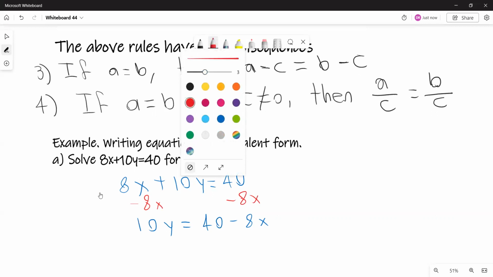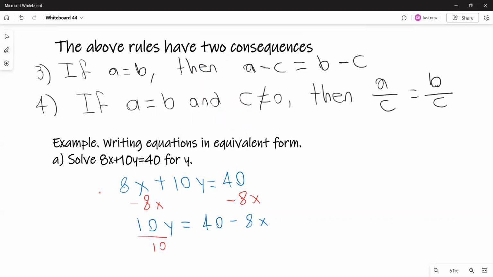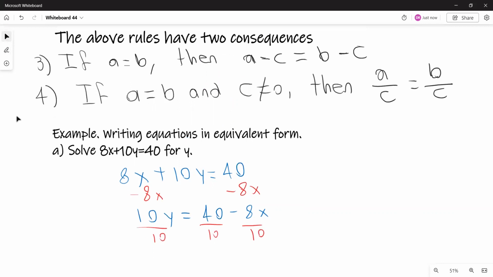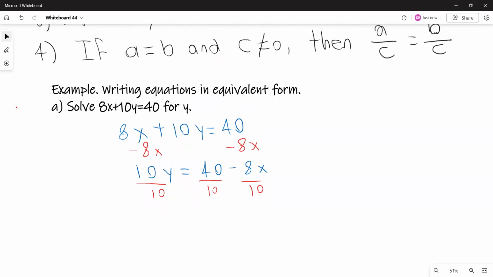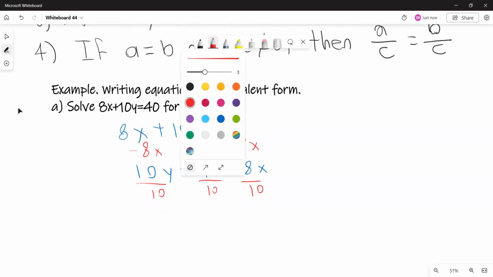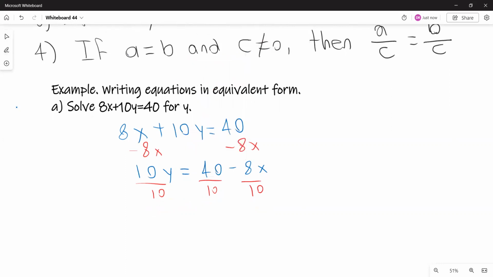So we can divide everything by 10. 10 over 10 is 1. So we have 1 times y, or simply y. 40 over 10 is 4. And 8 over 10 simplifies as 4 over 5.